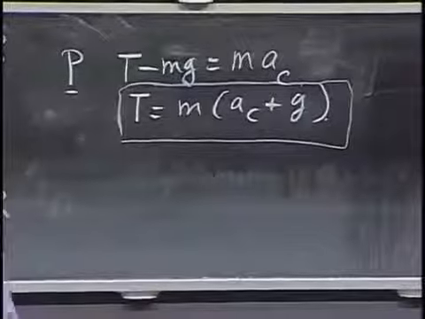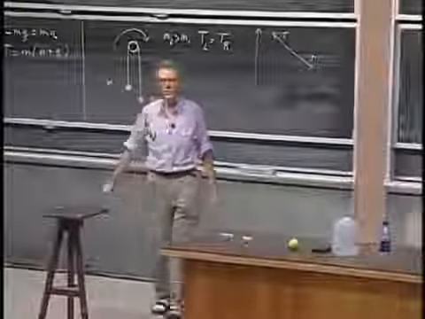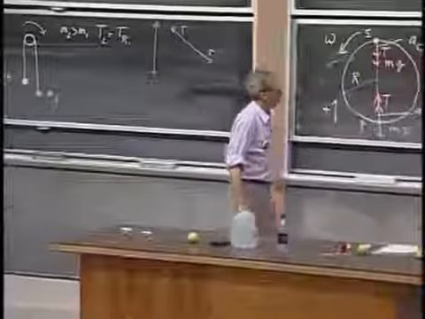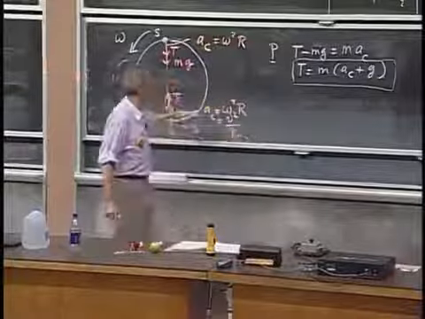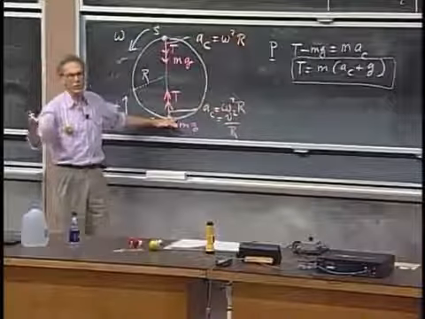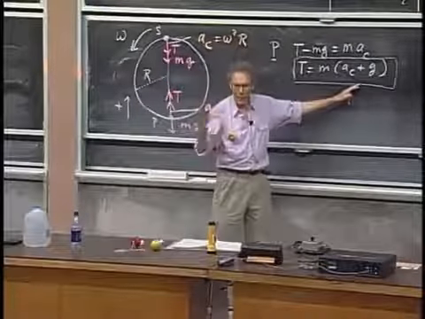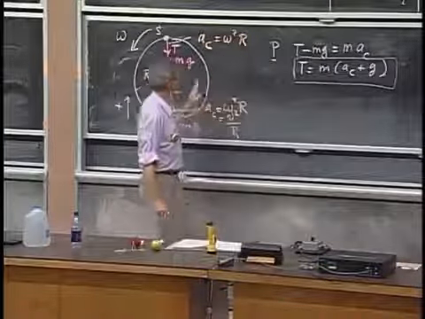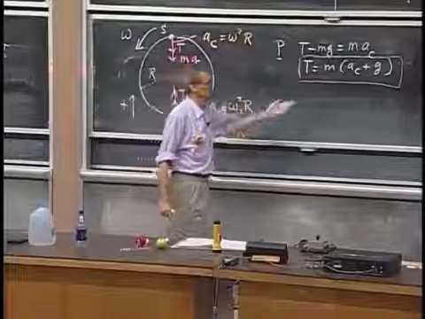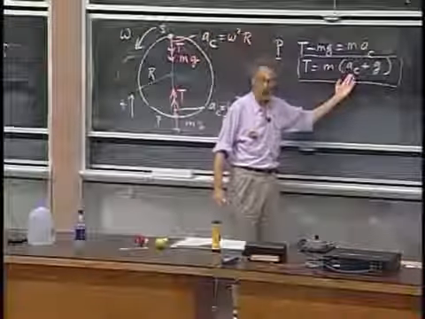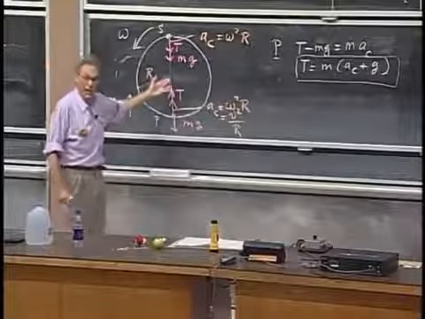It looks like someone is being accelerated in an elevator. Almost the same equation. If the centripetal acceleration at this point, for instance, were 10 meters per second squared, then you would weigh twice your normal weight. The tension here would be twice mg. If this were 5 meters per second squared, then you would be 1.5 times your weight.